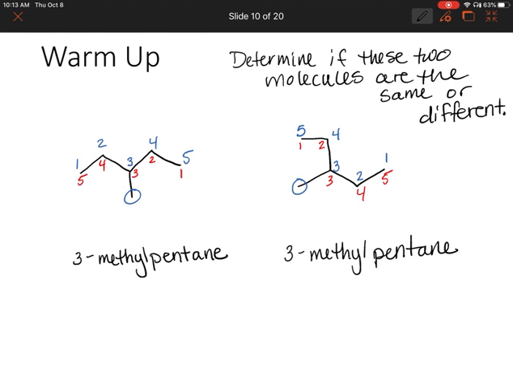Okay, so why did I draw these two molecules differently? Well, simply because I can. Molecules with sigma bonds can rotate their bonds really easily.